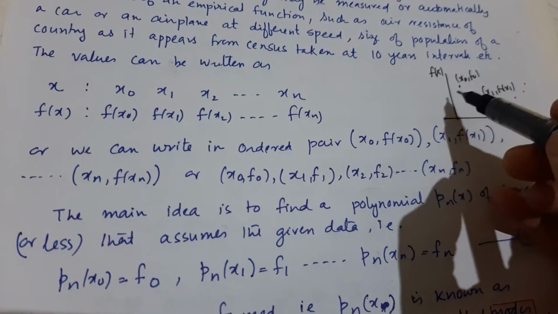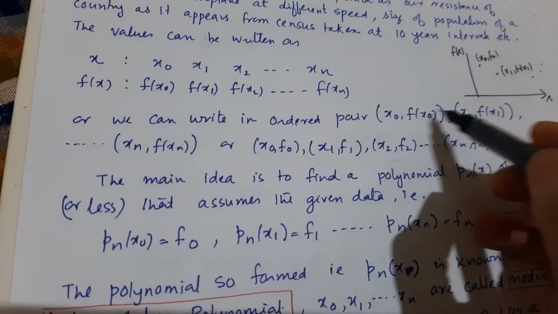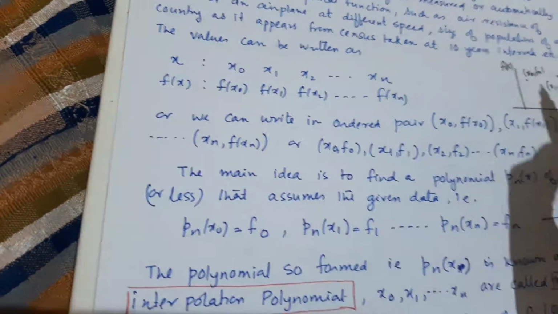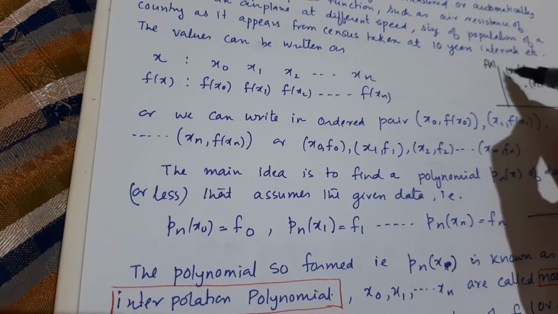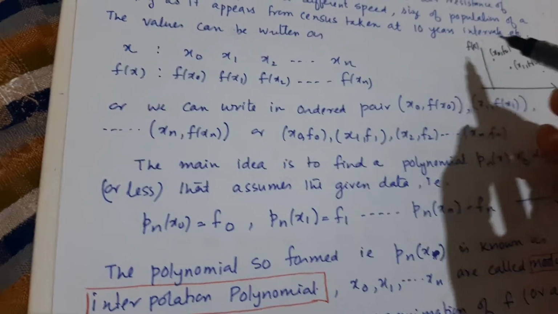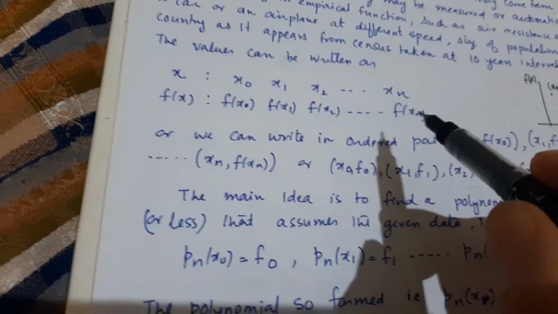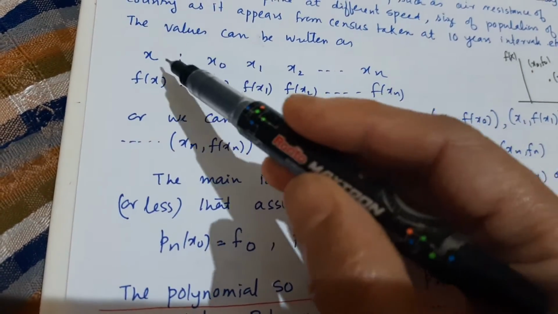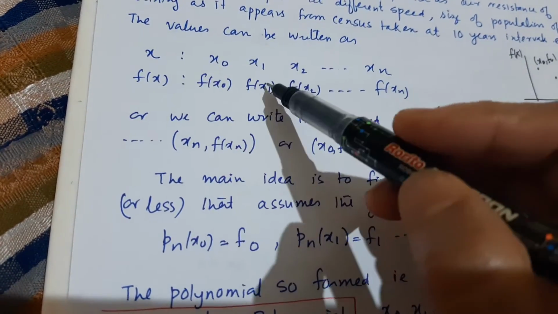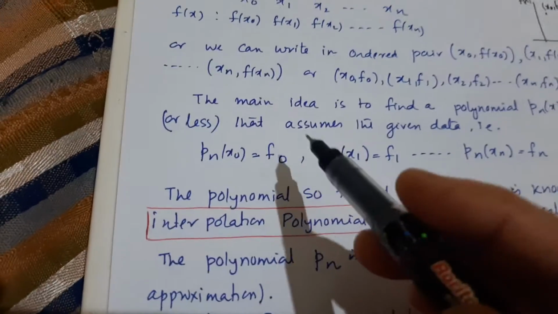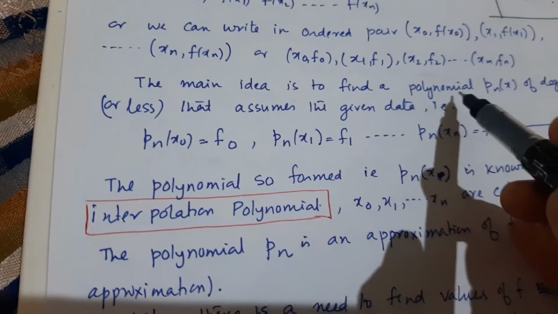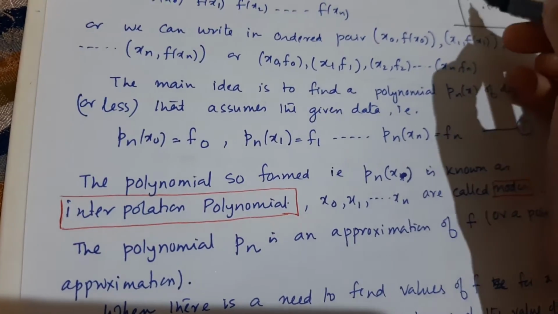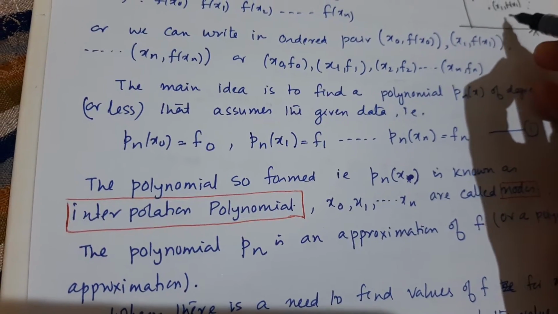Now if I draw a straight line through these points, then we can have a linear type of relation in this function. So the main idea is to find a polynomial Pn. If I draw a straight line, that will be a linear polynomial.